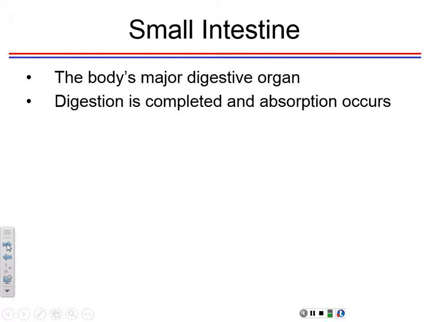In the stomach, we talked about amylase and some of those enzymes and peptidases that break down carbohydrates to disaccharides, maybe fats to mono or diglycerides, and also protein is broken down to smaller chains called peptides.